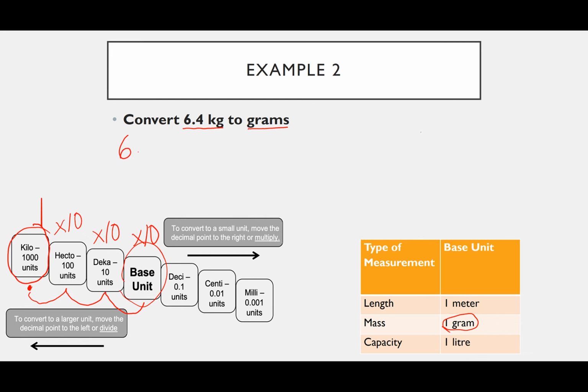So 6.4. Now let's move the decimal point over 3 times. 1, 2, 3. We can fill in these bubbles with zeros. So now we are at 6,400 grams.